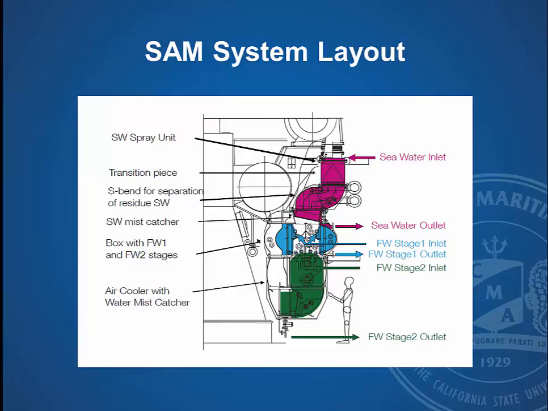And then that is also removed. And then it would go into the main engine, and it will be cooled. By cooling and humidifying that incoming scavenging air, you're going to reduce your emissions by lowering the temperatures during the combustion process.